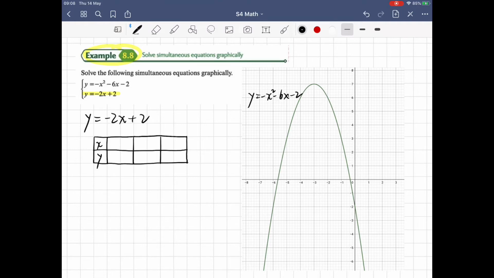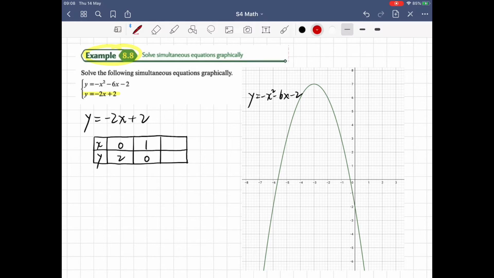Okay, and the easiest way to find them is by substituting x equal to 0 and y equal to 0. Okay, so in this example, when x is equal to 0, y will be equal to 2. And when y equals 0, x will be equal to 1.